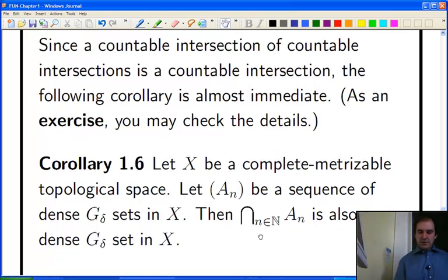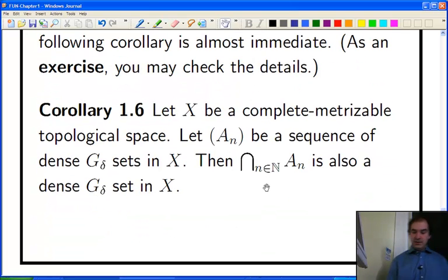So we get this corollary that I mentioned before, that you can do the same thing in more generality. You just say you've got a complete metrizable space and a sequence of dense G delta sets, then the intersection will still be dense, but you get the nice extra feature that it's a dense G delta set. So you've got a bit more information there.